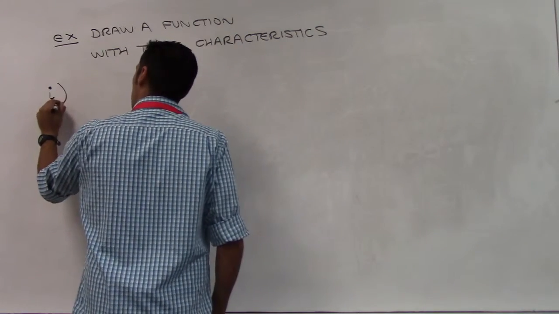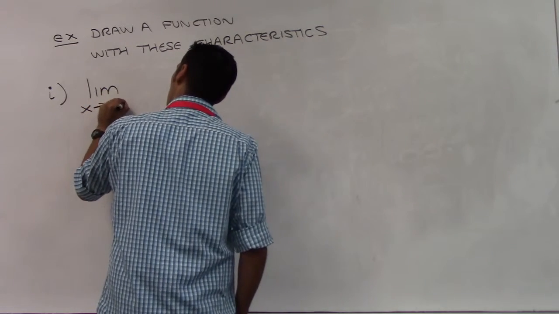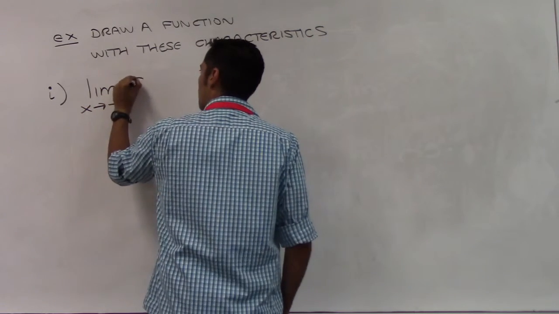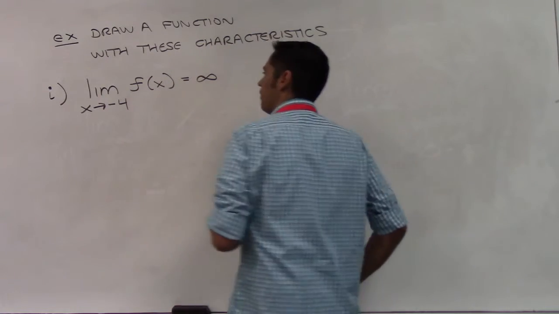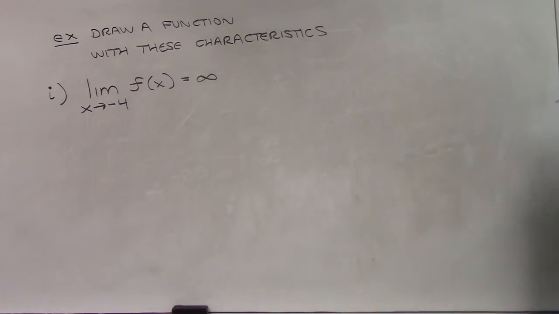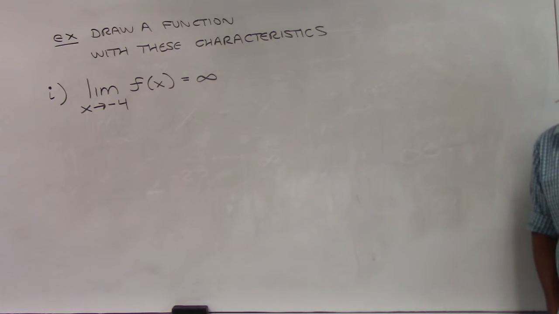First thing, I want the limit as x approaches -4 of the function you draw to be equal to infinity. So we're going to draw a function that has these properties. So everyone's picture is going to look a little bit different. We did something like this before, didn't we?